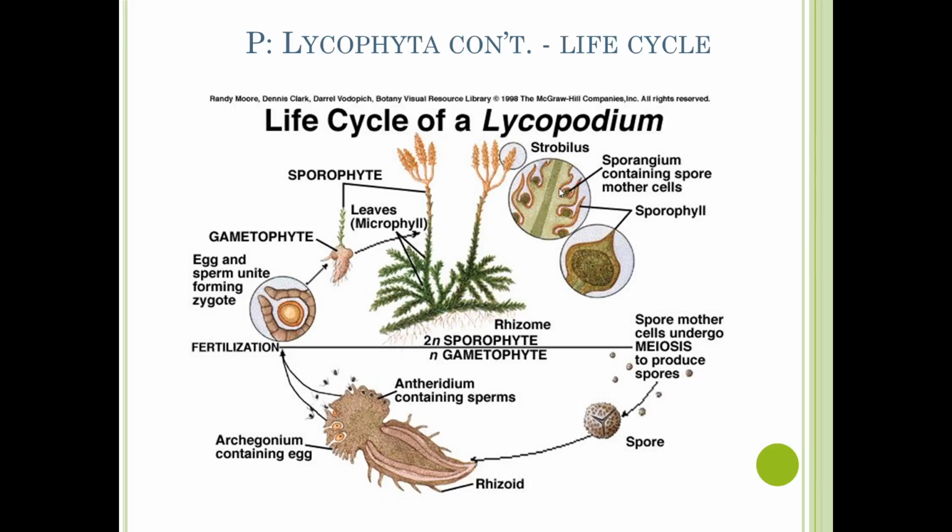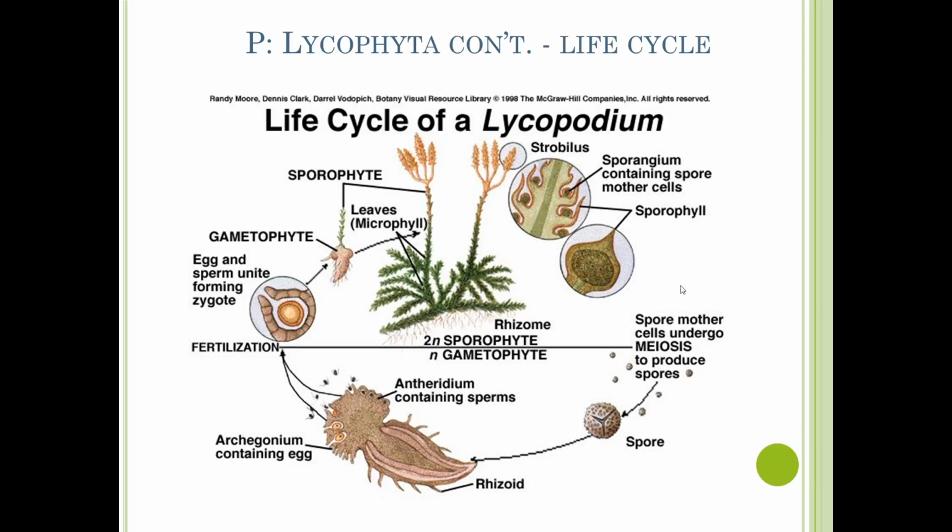Inside the sporangia, held in place by the sporophyll, are your spores. Inside this sporangium, meiosis is happening, and we're making haploid spores, because this is all diploid tissue since it's part of the sporophyte. But meiosis in here allows for haploid spores.